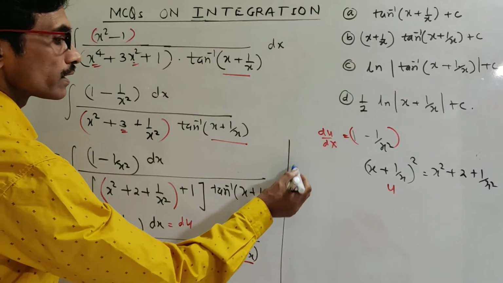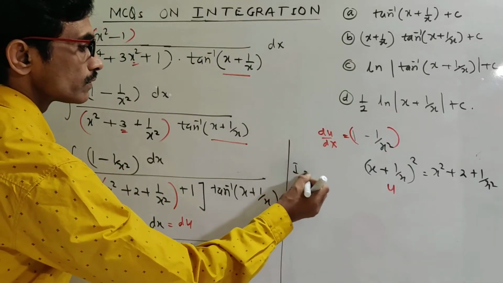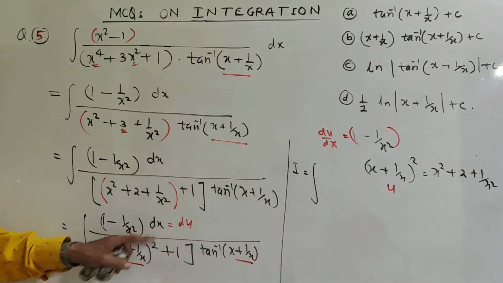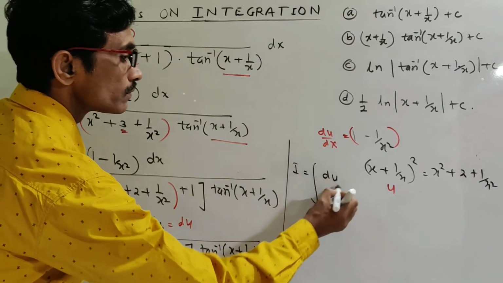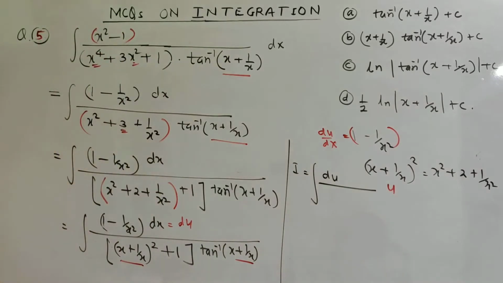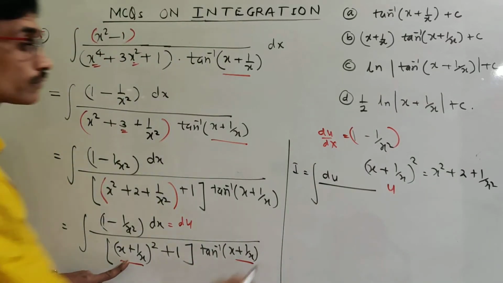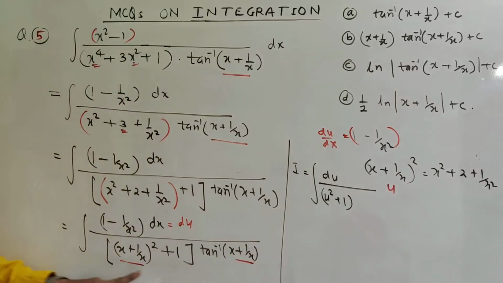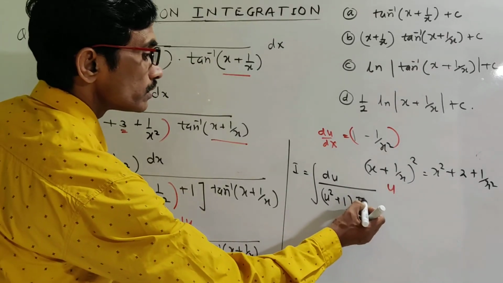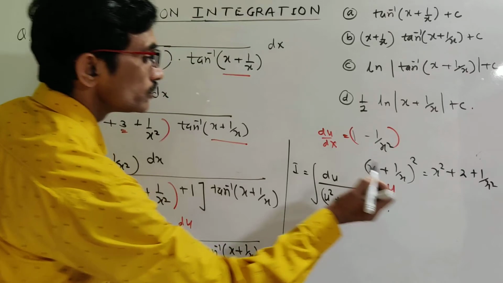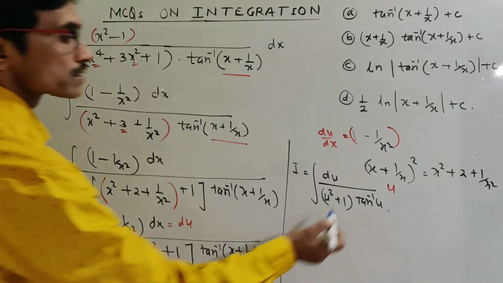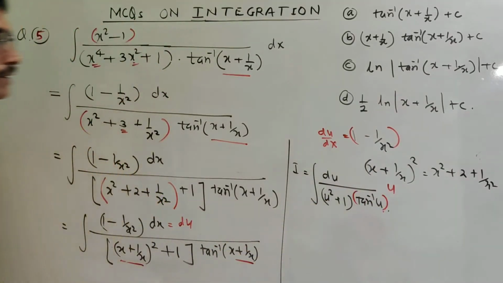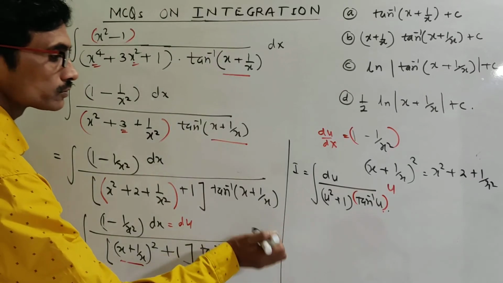So our integral I is equal to du upon (u² + 1) into tan inverse of u. Now again, suppose this tan inverse of u is t.